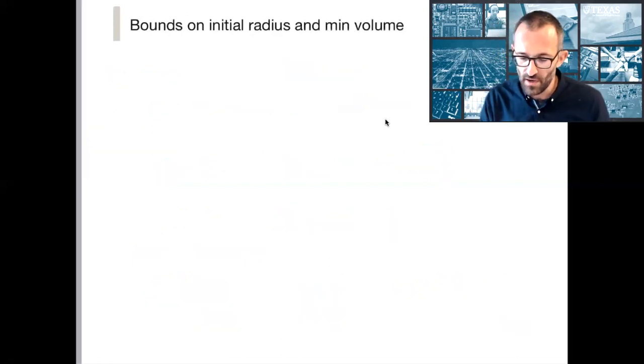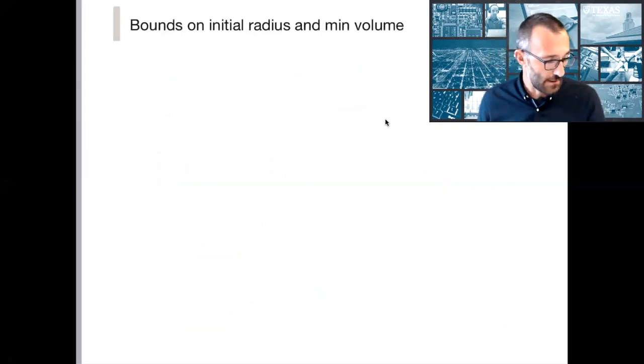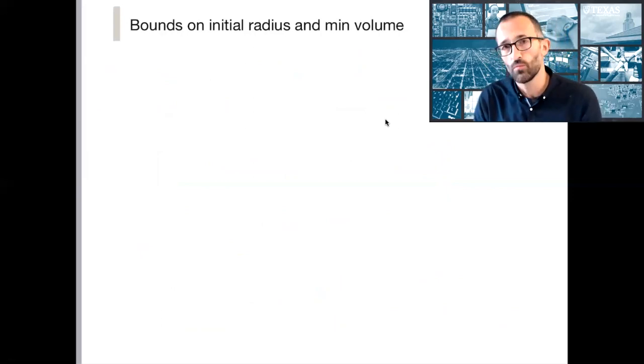So we have a few details that we still need to work out, and in particular, we need to know where to start, how big to start our ellipsoid, and we need to make sure that this starting ellipsoid isn't going to have to be astronomical with respect to the encoding length of our polytope.